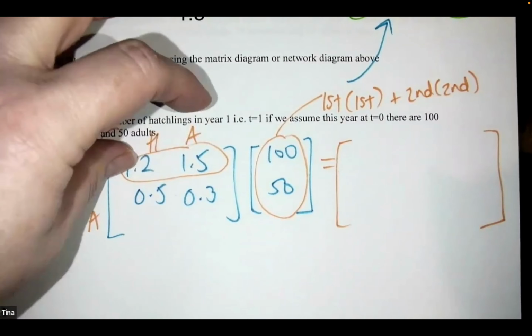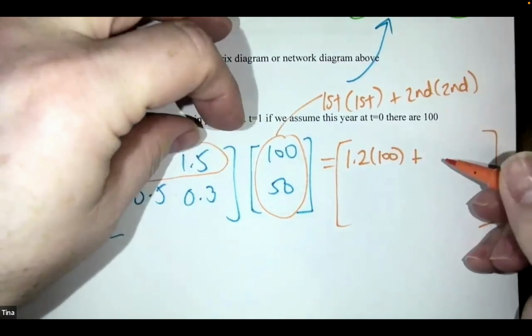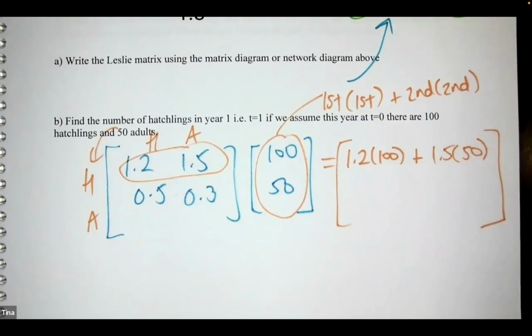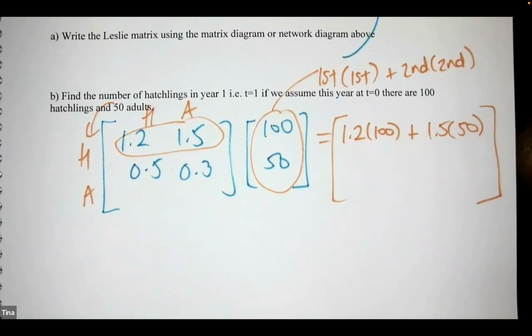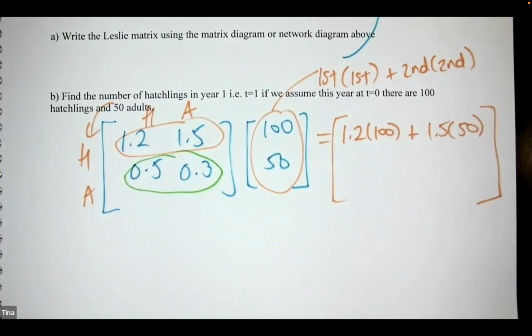So let's see, 1.2 times 100 plus 1.5 times 50. Okay, write down what would your answer be for the bottom row, representing the adults. What would it be?